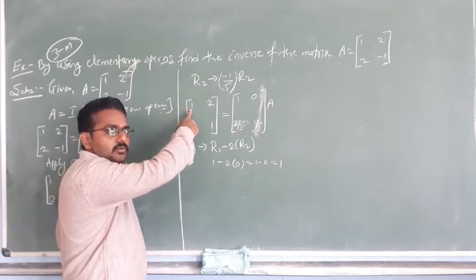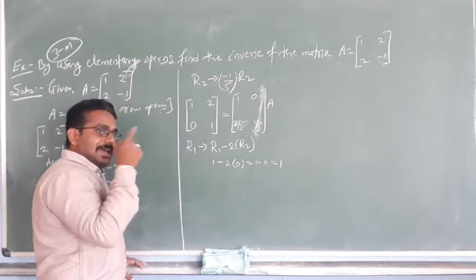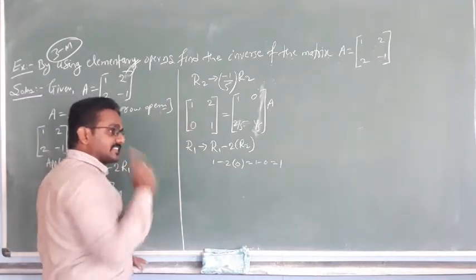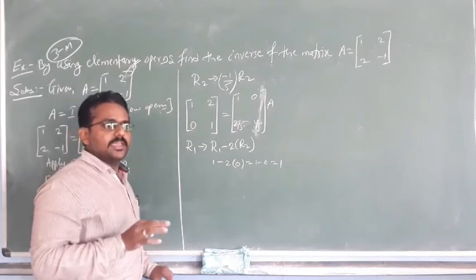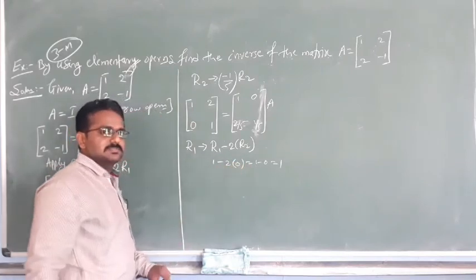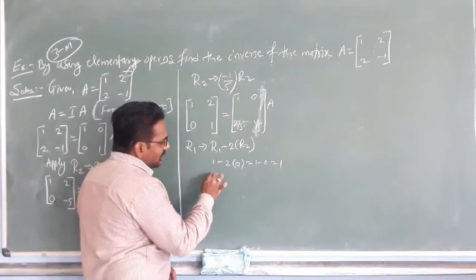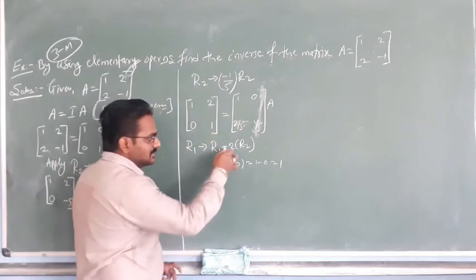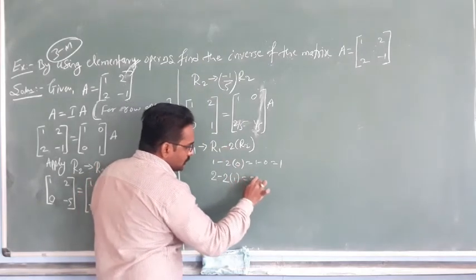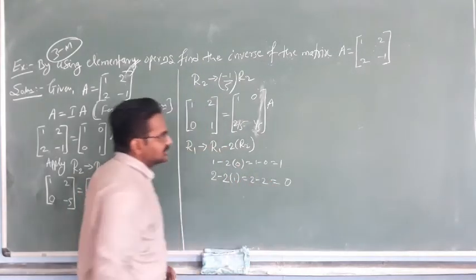Is this true? No. Why? We need the LHS part as the identity matrix, so 1 should be present. To keep the 1 as itself in further calculations, you have to convert in this way. So now, what is the second element? 2 minus this 2 into this 1, the R2 element. So 2 minus 2, that is 0.